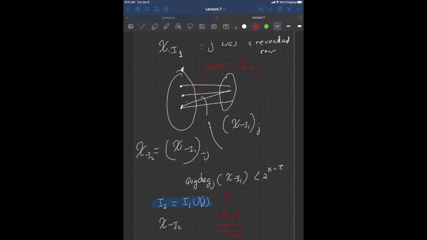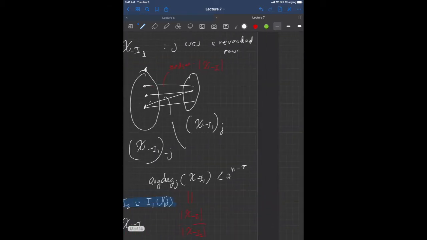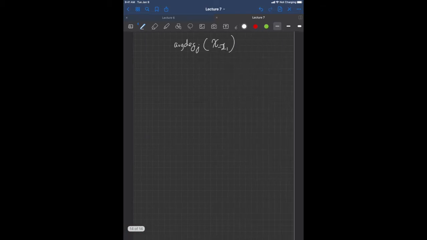So what did we get? If you simplify this, the average degree j of x minus I1. Sometimes I might forget writing a minus, so if you see any mistakes, please let me know. I do tend to make these mistakes. So this is strictly less than 2 to the n minus tau, and this by definition is the cardinality of x minus I1 divided by the cardinality of x minus I2.